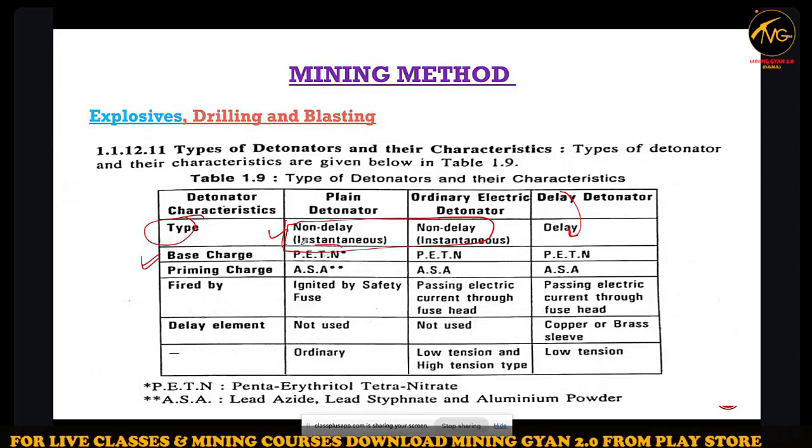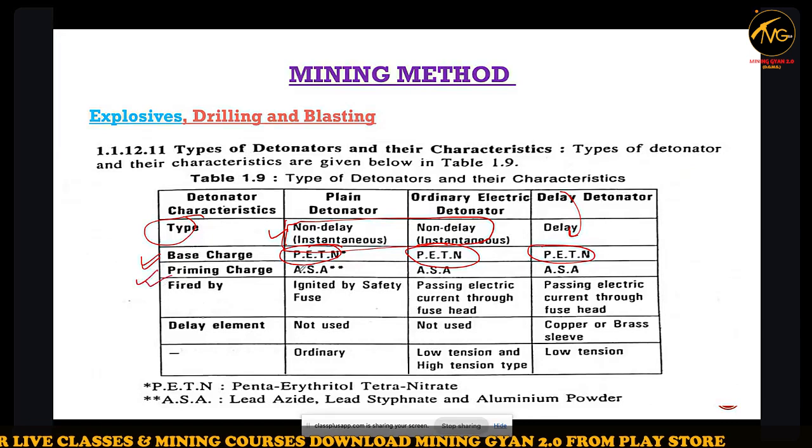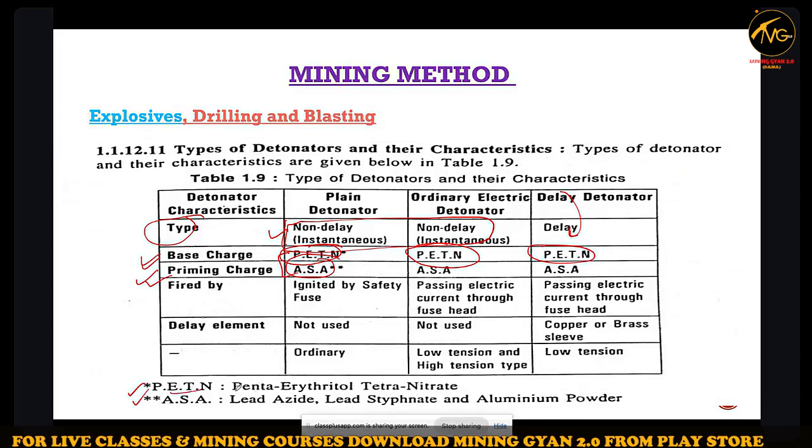And base charge, in every detonator we use PETN. Priming charge, ASA. So their full names are here. PETN means pentaerythritol tetranitrate.